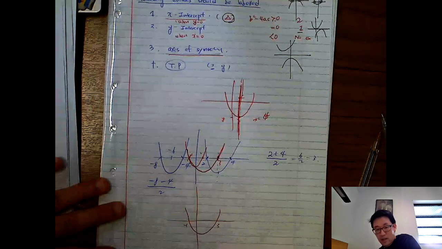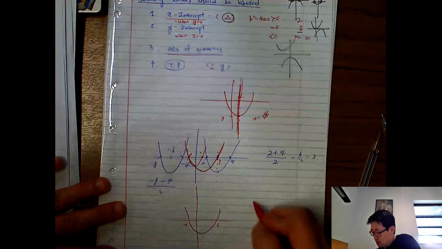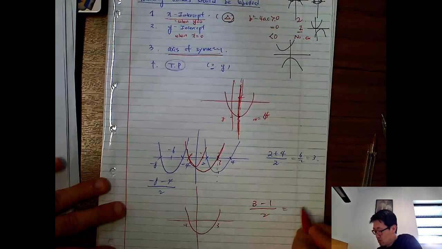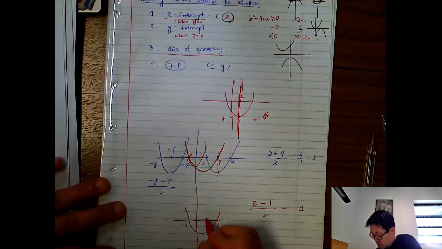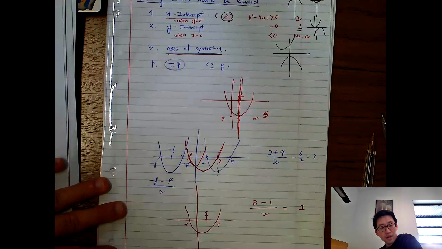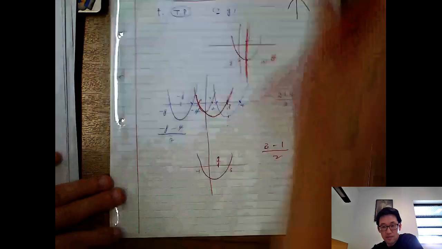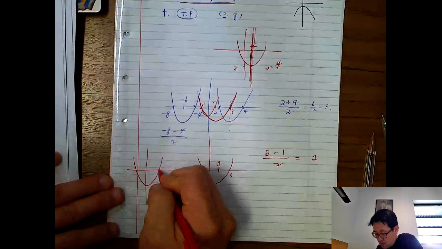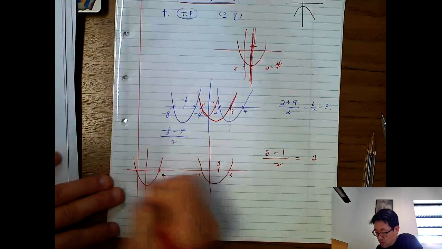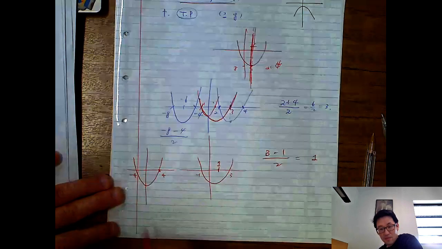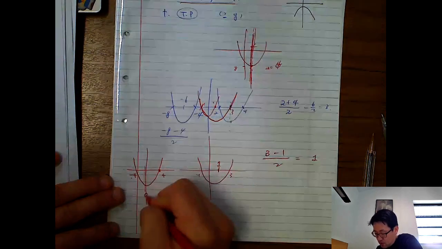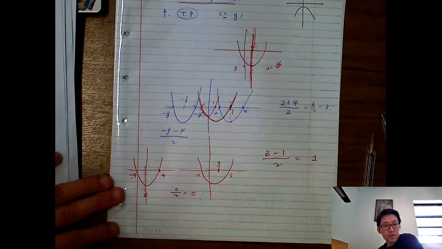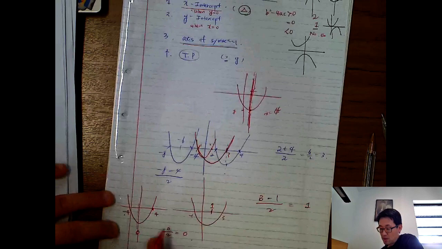Minus 1 and 3. 3 minus 1 divided by 2, 2 over 2, so it's 1. Yeah, well, that works in this case. What about this? 4 and minus 4. You add it, 0. 0 divided by 2, 0, isn't it? Sounds okay? Yep, that's another way you can get that.